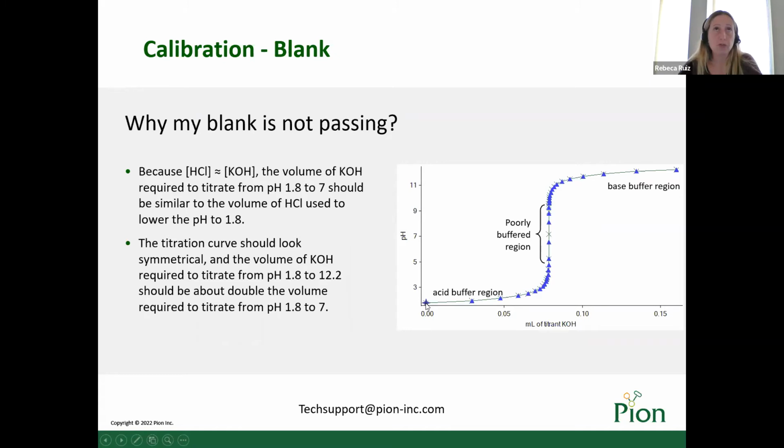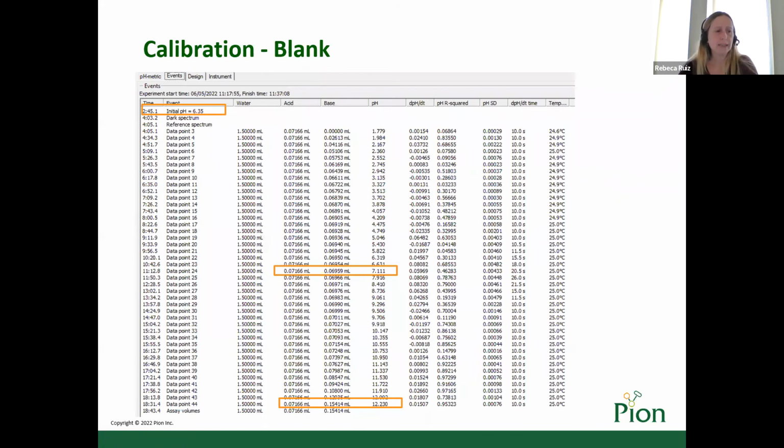Moreover, the final volume at the end of the curve should be double the base used if we compare with the volume of the acid used at the beginning. These volumes are shown in the Events tab.